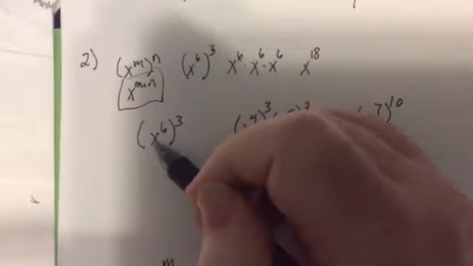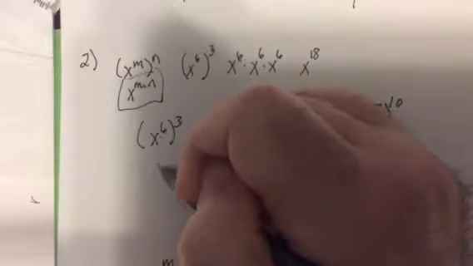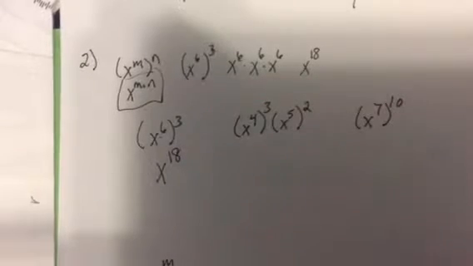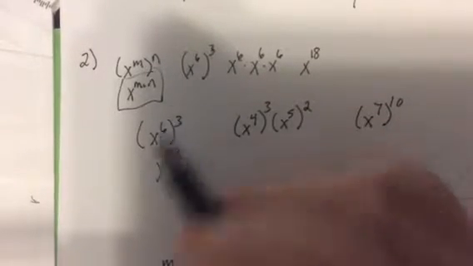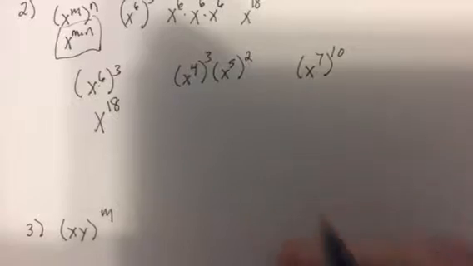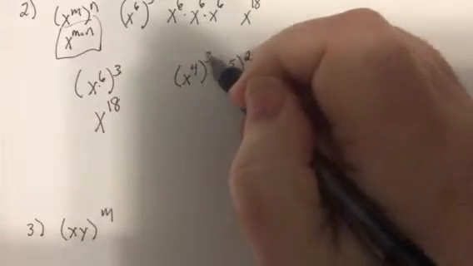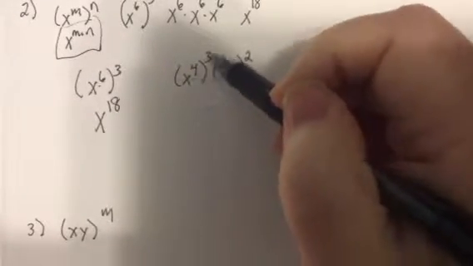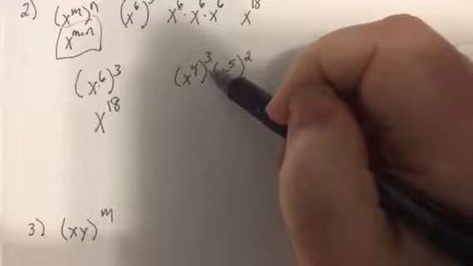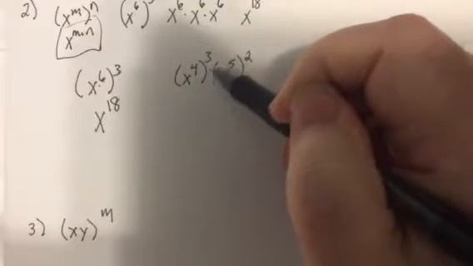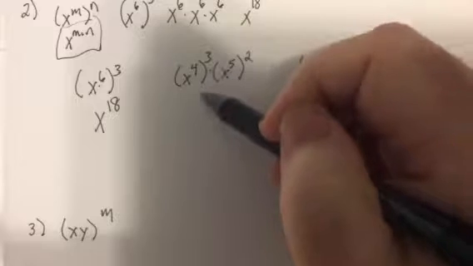So, x to the 6th to the 3rd would be x to the 18th. Well, we just did that problem. Well, I thought that looked familiar. Okay, this one, when you raise a power to a power. Now, if you remember the order of operations, powers have to be done before multiplication. When two parentheses are right next to each other, that means multiply.